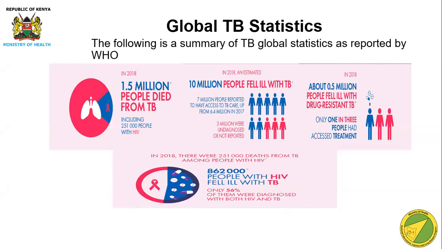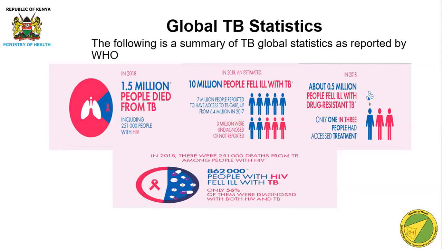Out of this 10 million, 1.5 million people died from TB, including 251,000 people with HIV. This is opposed to the perception that the most common cause of death among TB patients is HIV.